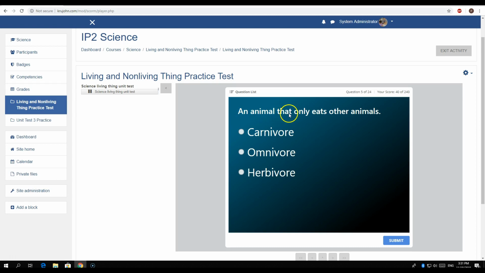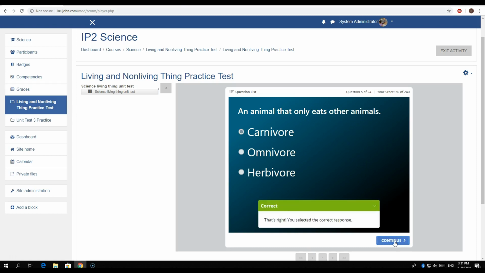An animal that only eats other animals. This is a carnivore. A tiger is a carnivore. A crocodile is a carnivore. They only eat other animals.